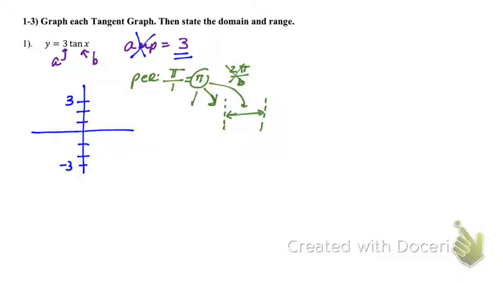Now, what I'm going to do with it, I'm going to divide it by 2, and I'm going to say, okay, that means pi over 2. Why did I divide it by 2? Well, from the origin, I'm going to go pi over 2 to the right and pi over 2 to the left to negative pi over 2. And then what's the distance between those two? Pi.